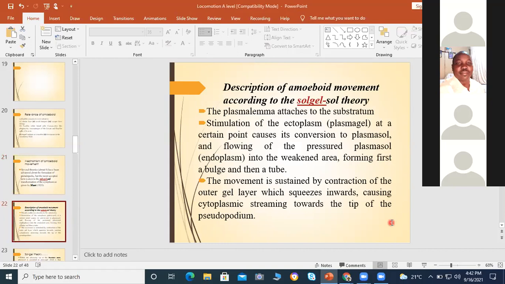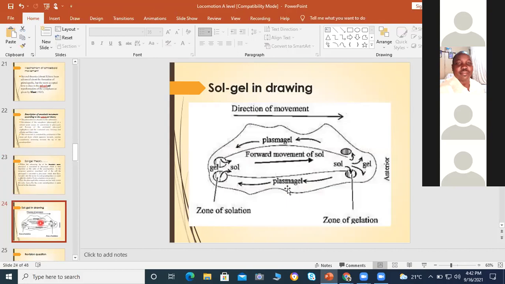Now, that theory has not yet been confirmed. It is not the only one, there is a lot of research going on. But when you look at an amoeba, there is what we call the plasmalemma. This is part of that direction of movement.